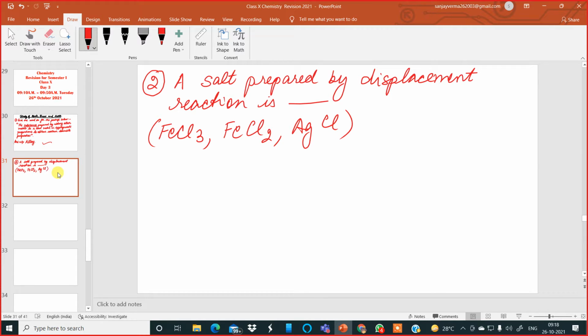So you have to choose among these three which is the salt which is prepared by displacement reaction.